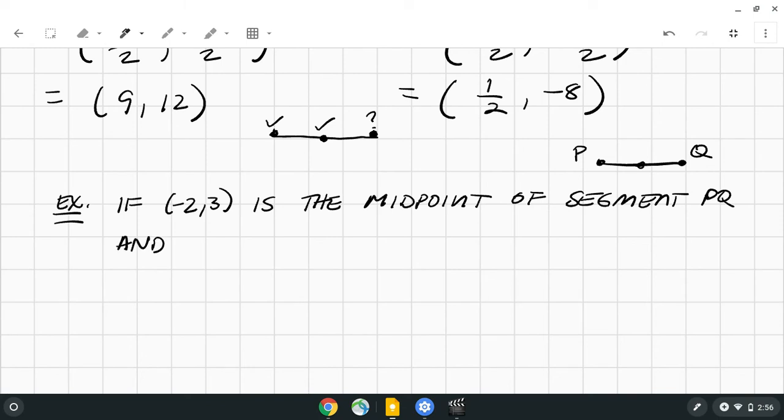And the coordinates of P are negative 8, 5.